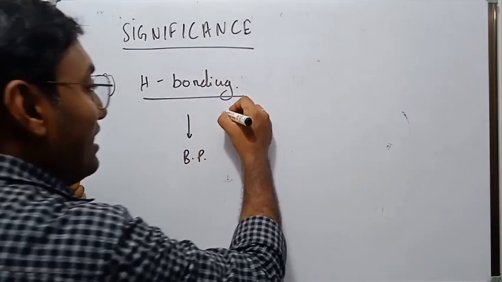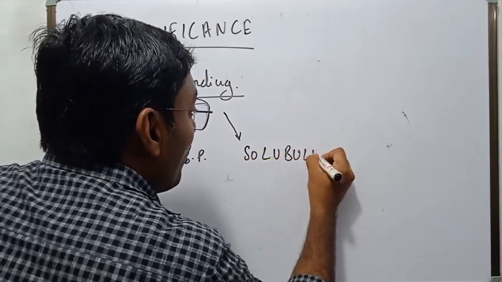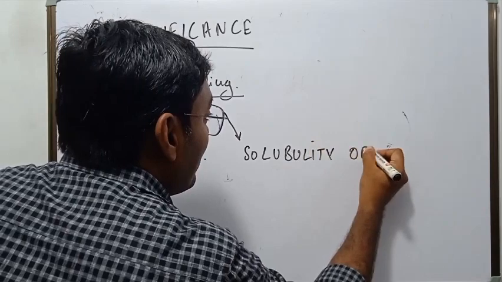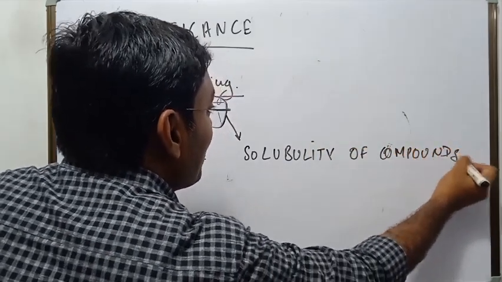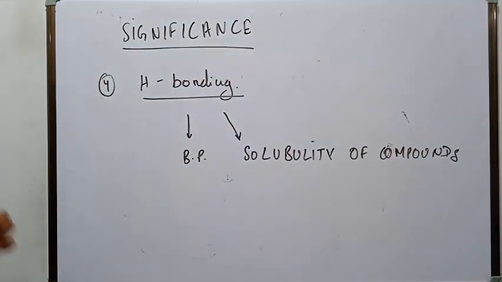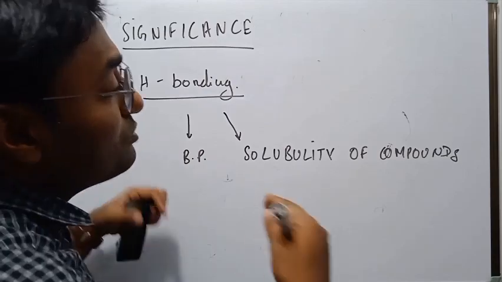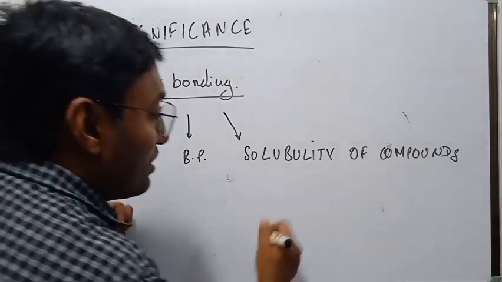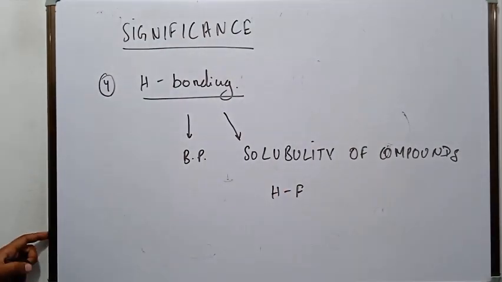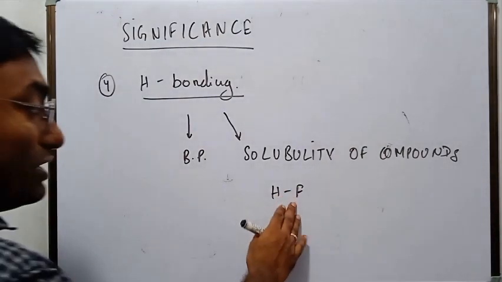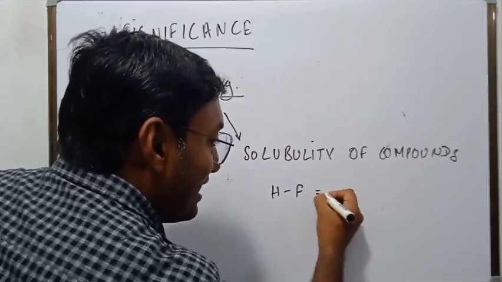It can also determine the solubility of compounds in solvents that exhibit hydrogen bonding. For example, HF is more polar, its dipole moment is 1.75 D, so it exhibits higher hydrogen bonding with water.